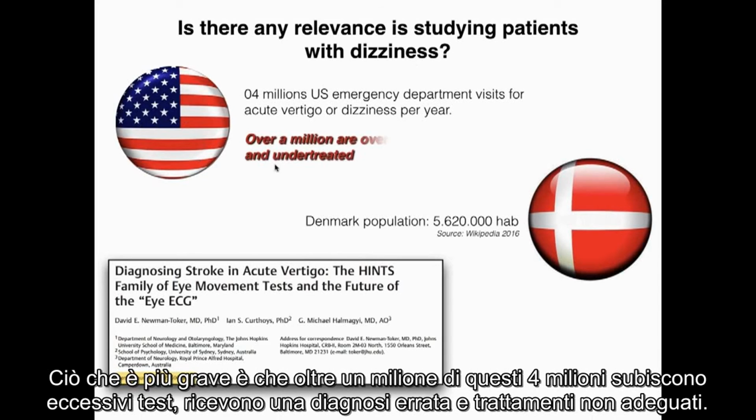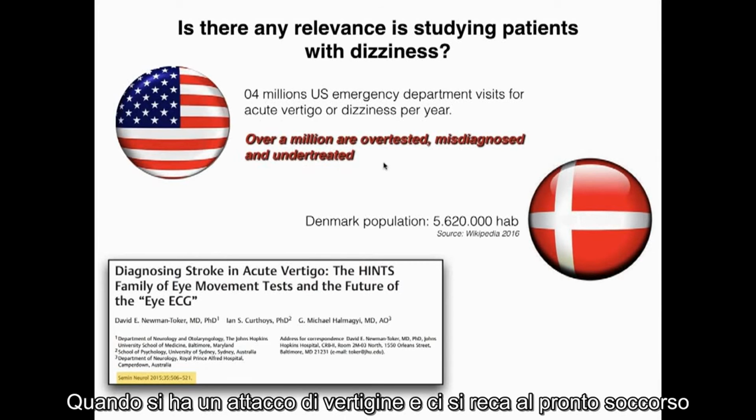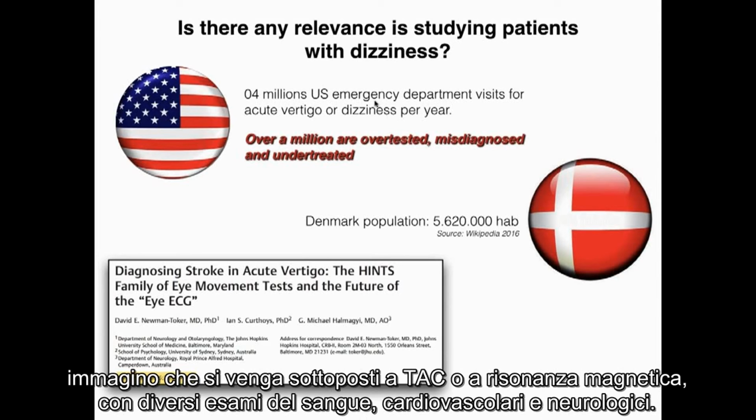What is more terrifying is that over 1 million of these 4 million are overtested, misdiagnosed, and undertreated. Why does that happen? When you have a vertigo attack and go to the emergency department, everybody does a CT scan or MRI, and a lot of blood tests, cardiovascular tests, and neuro tests.